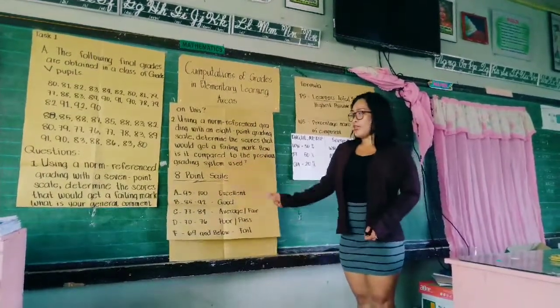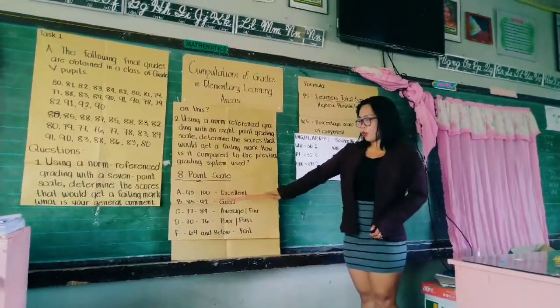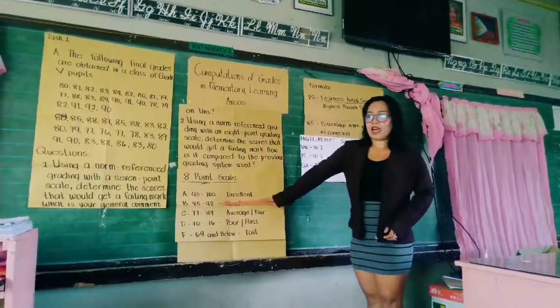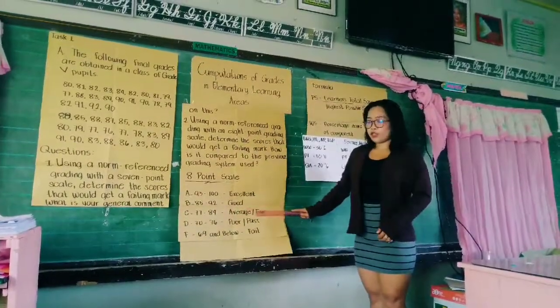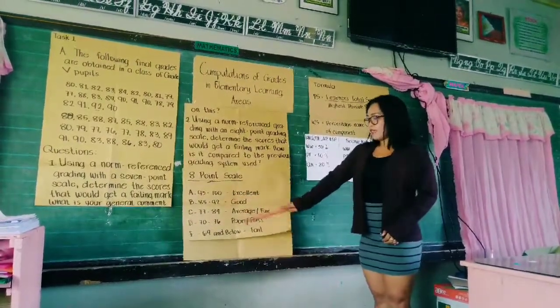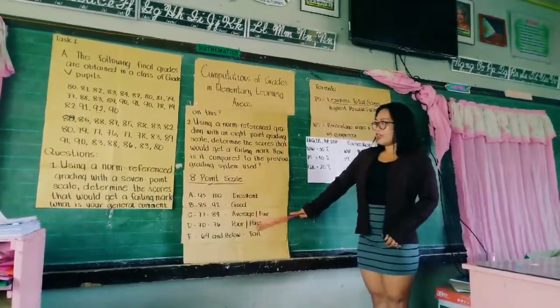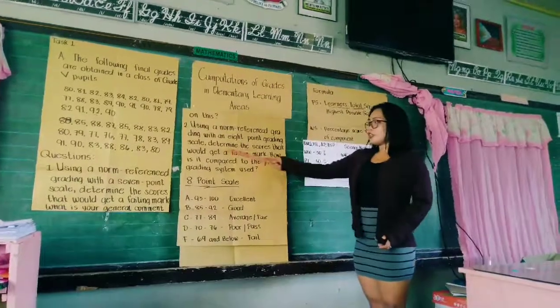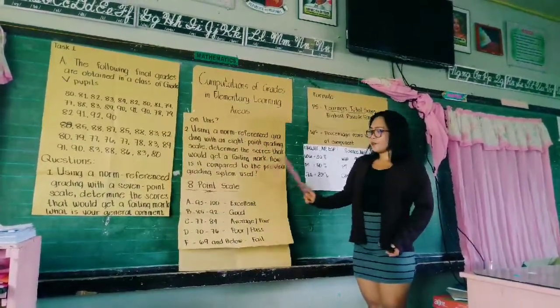For the 8-point scale, we have 93 to 100, excellent, 85 to 92, good, 77 to 84, average or fair, 70 to 76, poor or pass, 69 and below, fail. The question is, determine the scores that would get a failing mark.